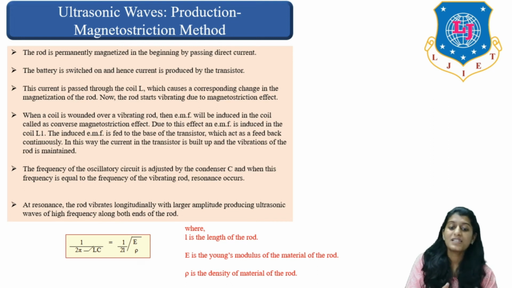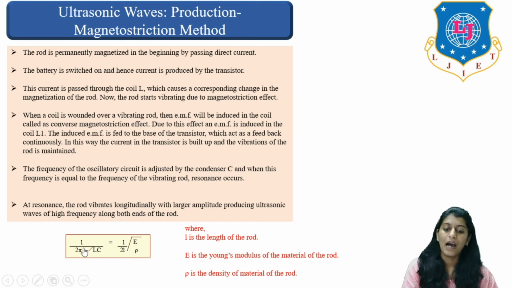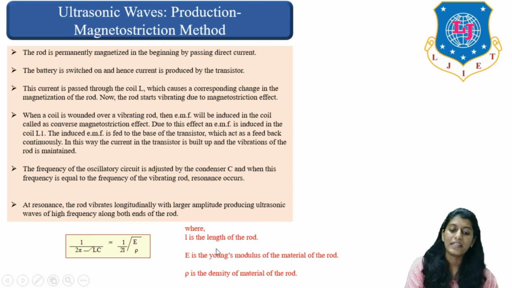The frequency of the oscillatory circuit is then adjusted with the condenser C, and when this frequency is equal to the frequency of the vibrating rod, resonance will occur. So 1 by 2 pi under root of LC is equivalent to 1 upon 2L under root of E by rho.